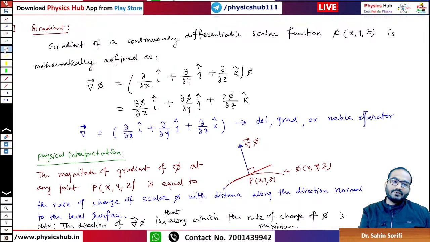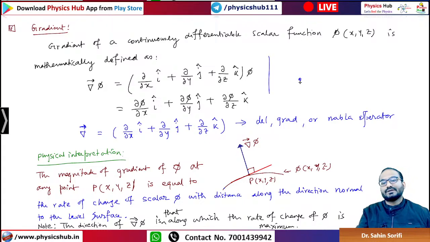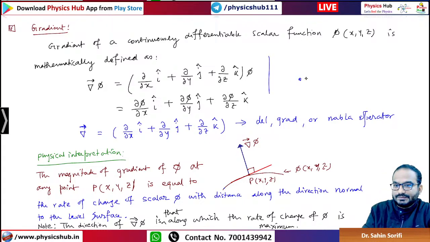You see, if I have a function, I'm giving an example. Let's say the function starts from here. If you follow a path like this, the rate is not so much. If you take this path, you see the rate of change is higher. If you take this one, it is higher.